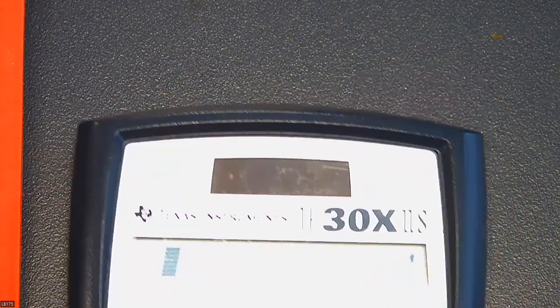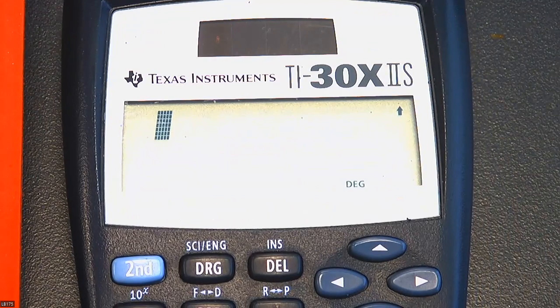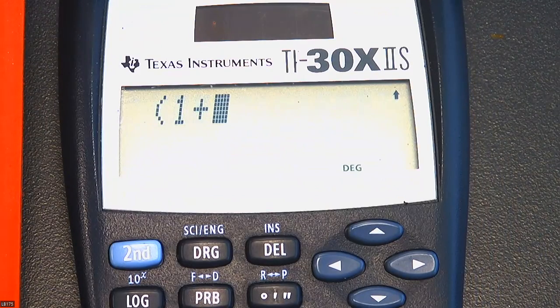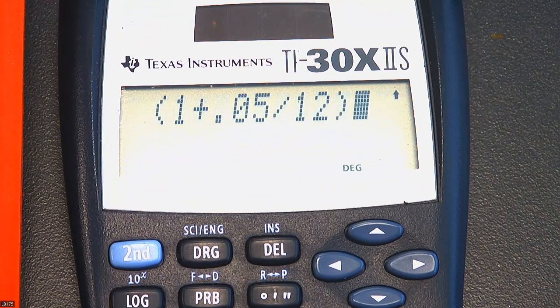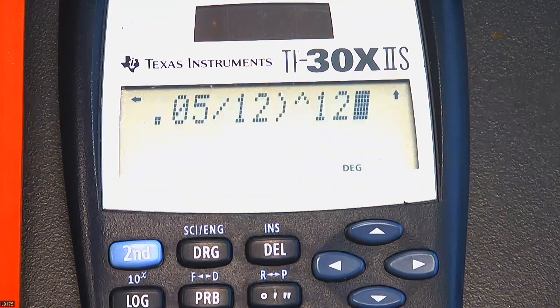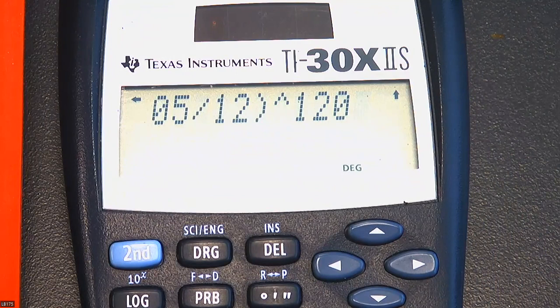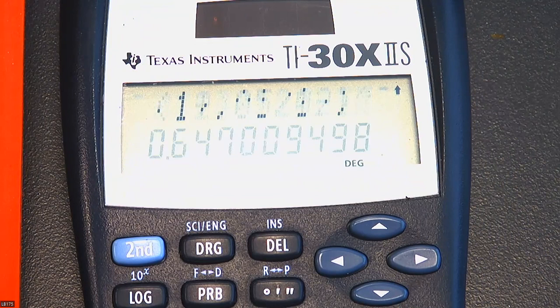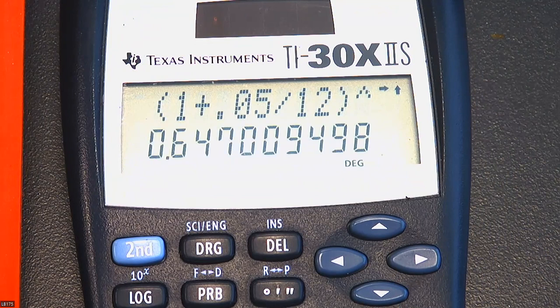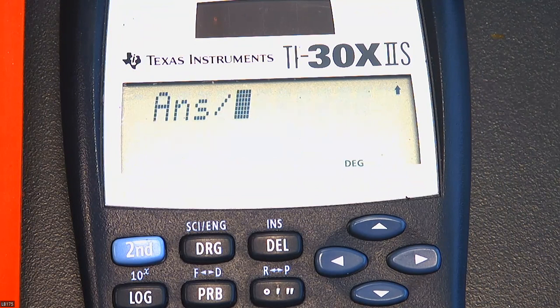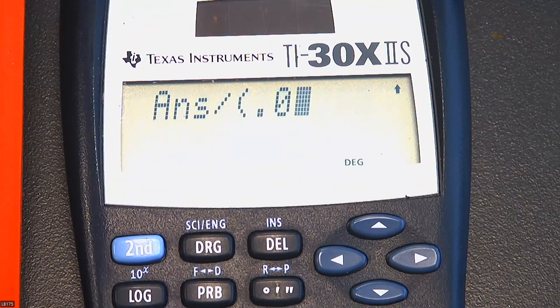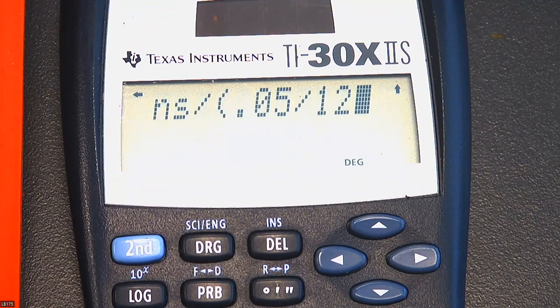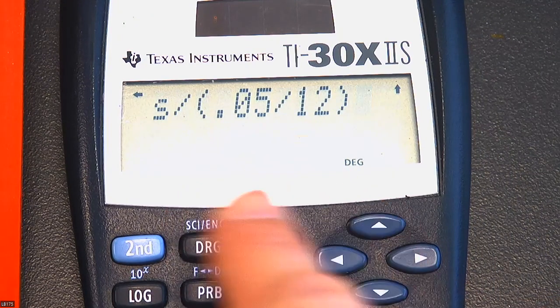It looks nearly identical on the TI-30. We're going to start with 1 plus 0.05 over 12 inside of parentheses to the 120th power. And then I subtract 1. That'll give me my numerator. Then I just hit the divide button. And then in parentheses, I have to put 0.05 divided by 12. Again, these parentheses are very important here.